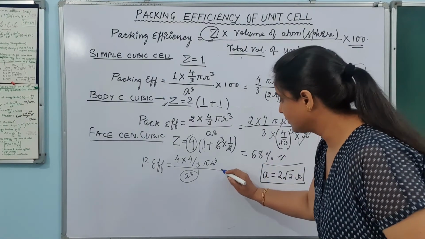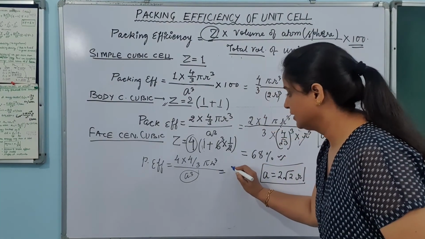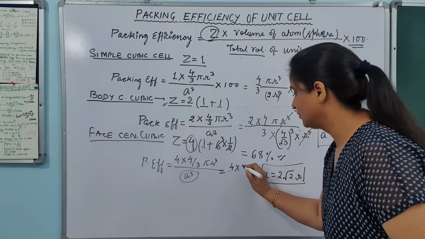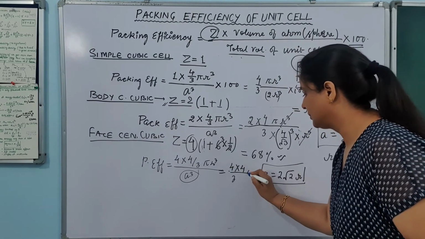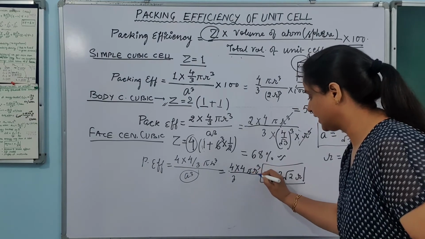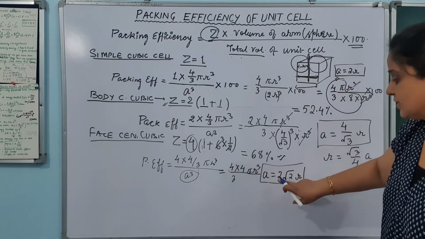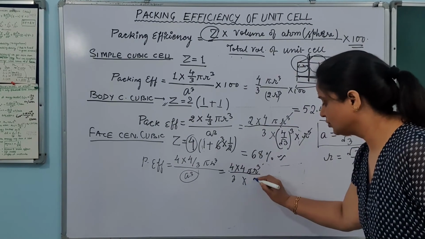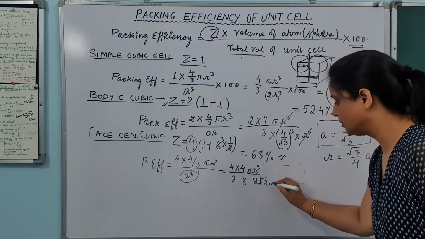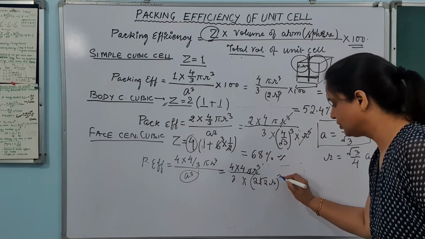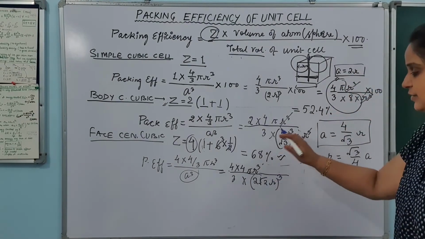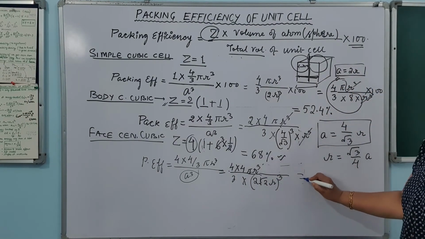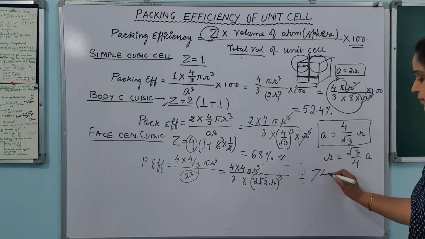So let's apply the formula. 4 into 4 by 3 pi r cube divided by a equals 2 root 2 r, so I am doing it here, 2 root 2 r cube. Are you getting this? So if you calculate this, you will get the answer as 74%.